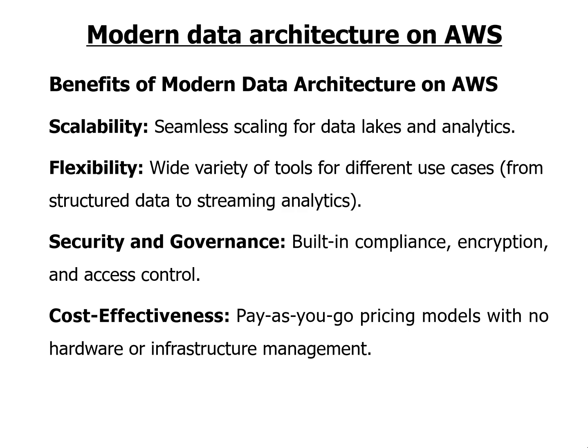And the second advantage is flexibility, a variety of tools for different use cases. That is the flexibility of AWS. And security and governance. Already I said AWS has strong security and built-in compliance, encryption, and access control. All the security features the AWS has.